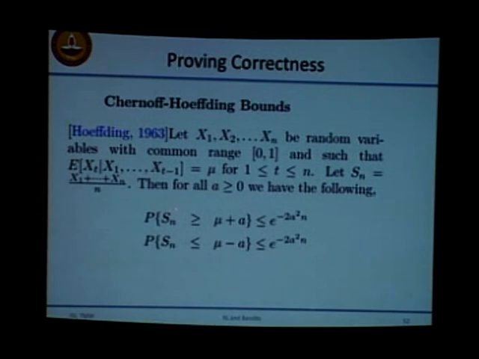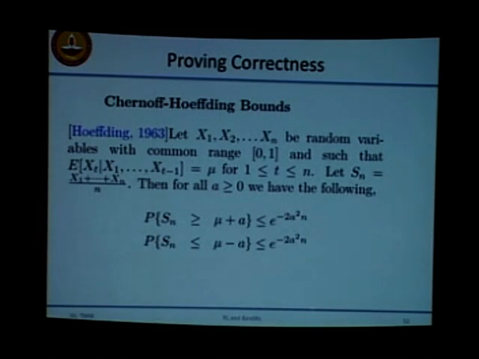I'm basically taking the average of the n random variables here. Mu is the true mean of the distribution, and a is the distance from it. These are called large deviation bounds. So the probability that the deviation from the true mean is large is bounded by this quantity. That's all this says.